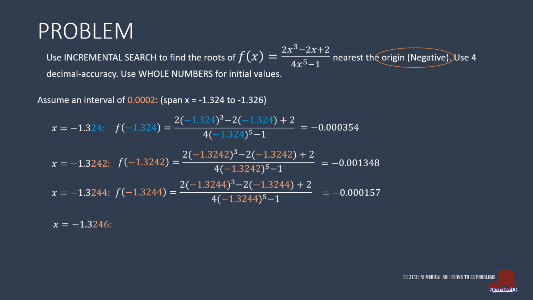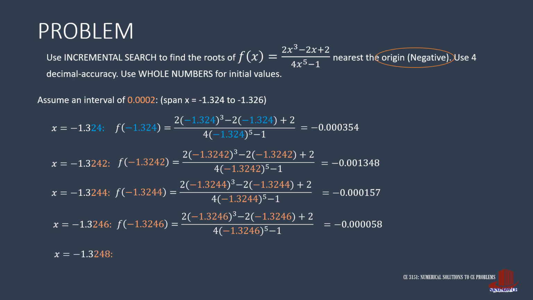The next iteration makes the function 2 times negative 1.3246 cubed minus 2 of negative 1.3246 plus 2 divided by 4 times negative 1.3246 raised to 5 minus 1, where the result is negative 0.000058.